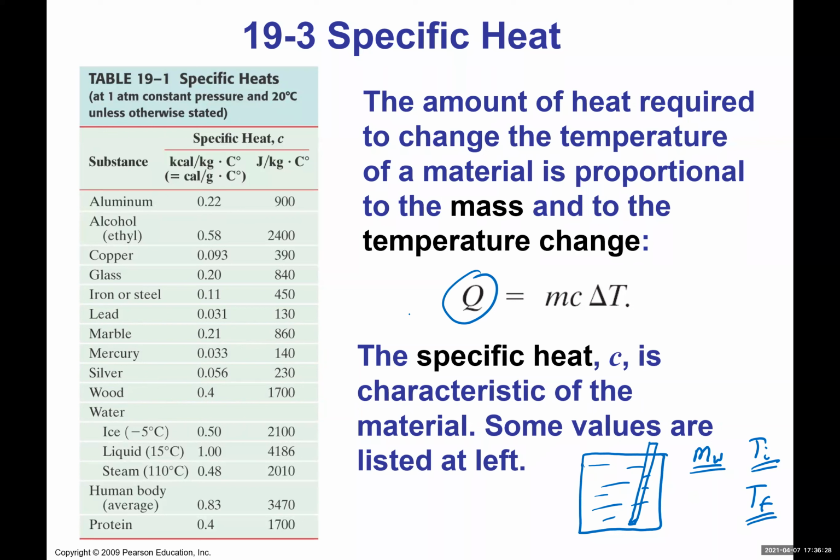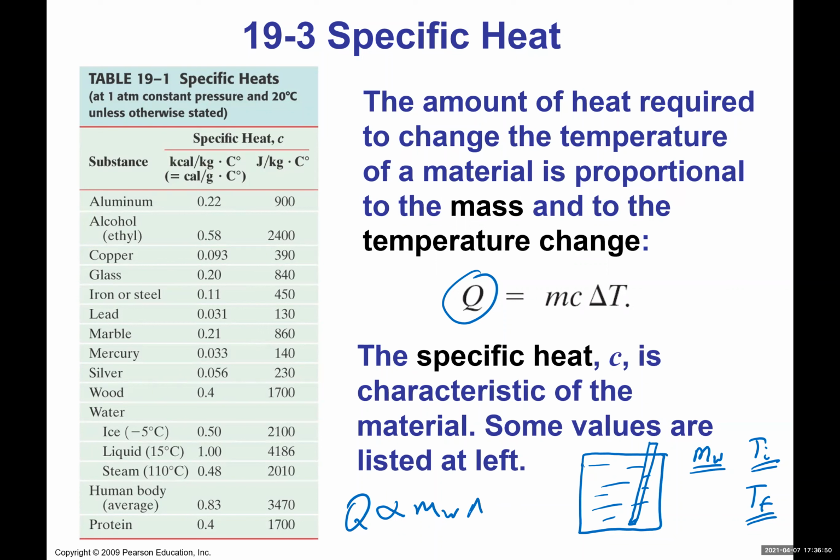It represents the amount of energy transferred into the system or out of the system. Heat Q is proportional to the mass of the substance, in this case the mass of the water. More water I have, more energy I will need. Less water I have, less energy I will need.